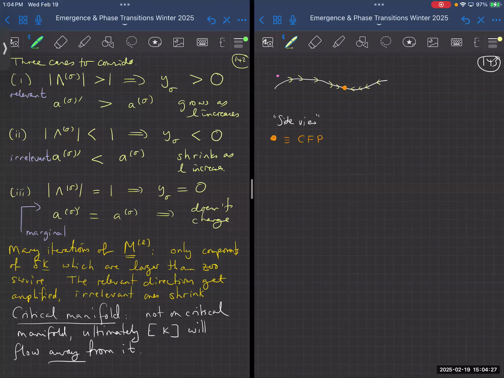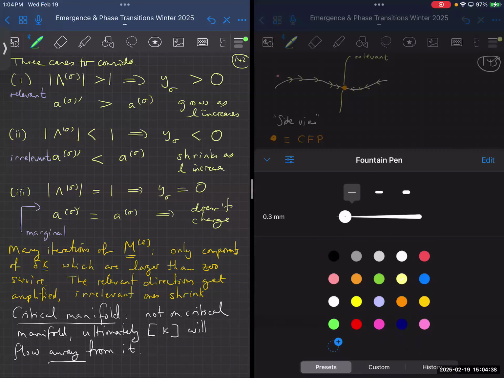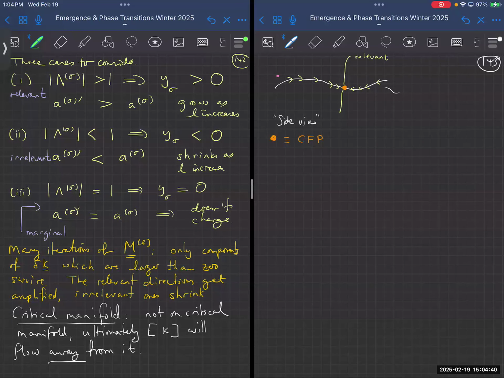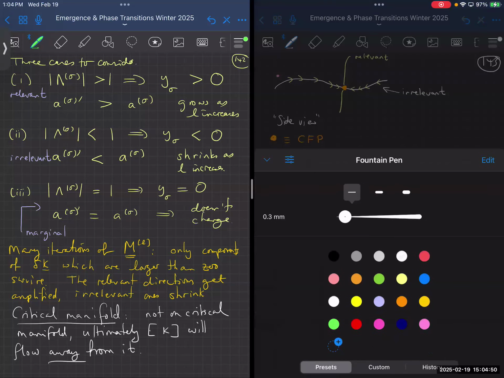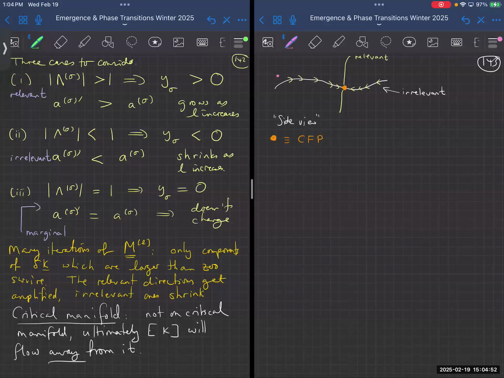Then the relevant direction I can draw like that. So this is going to be the relevant direction, and the in-plane ones are going to be irrelevant. And then if I were to start off the critical manifold at, say, this point over here, what do we think the flow is going to look like?